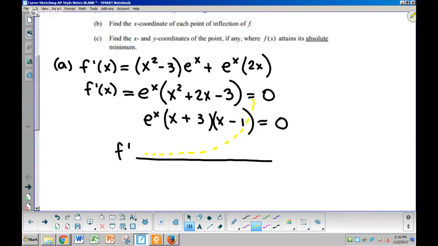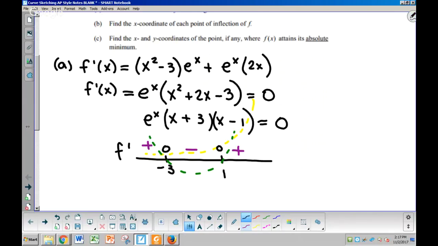And now I'm going to put the zeros for the quadratic, which would be negative 3 and 1. And I'm going to superimpose that quadratic on this sign chart. And it's going to be what kind of quadratic? Positive, positively opening. And if I do a sign chart here, we're going to get positive, negative, positive.